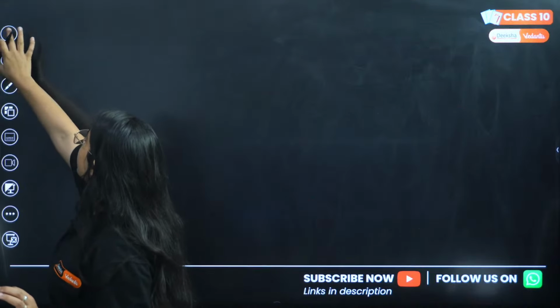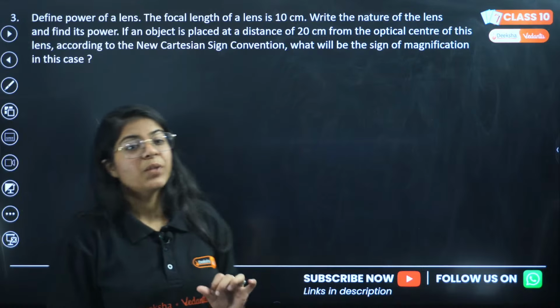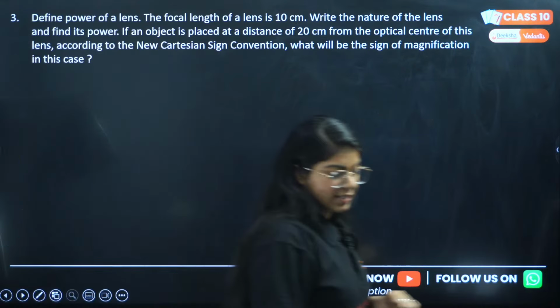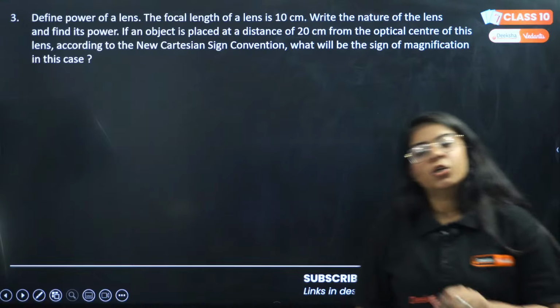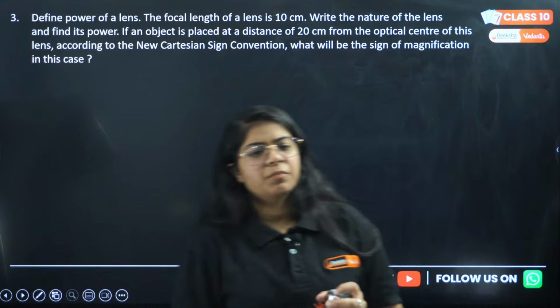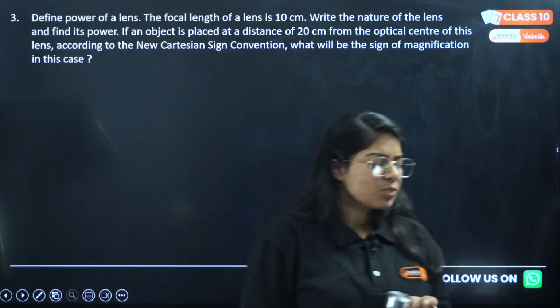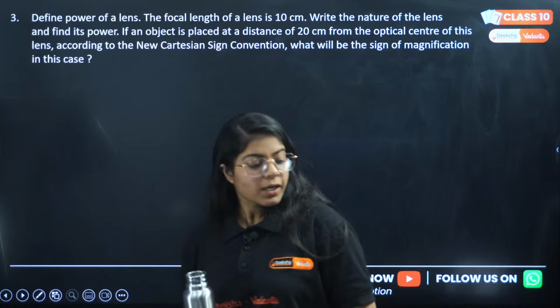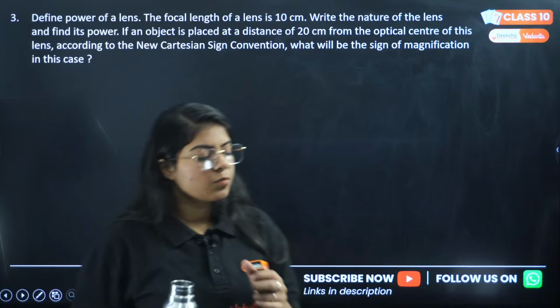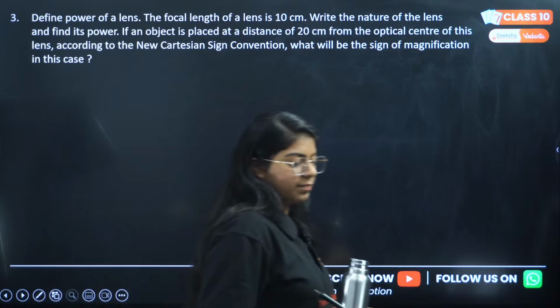Let's see the third question, which says define power of a lens. See, in this human eye chapter you will get questions, one or two parts like this. What is power of accommodation of the eye? What is the power of a lens? So you need to remember some small definitions like this.